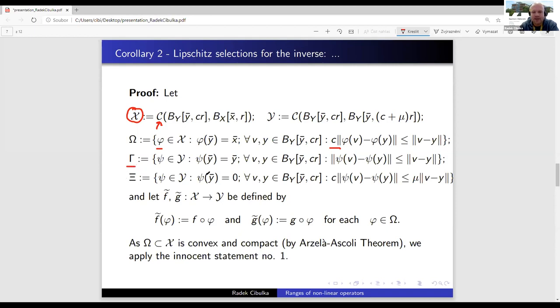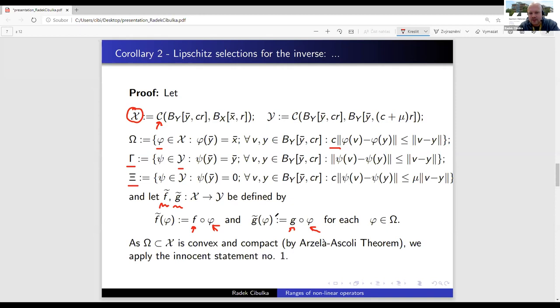My set gamma will be Lipschitz 1 functions, but in y, and the approximation error is connected again with Lipschitz functions with a Lipschitz constant which is chosen in a particular way, so mu over c, and you simply produce new mappings by composition of the original one with my functions from the function space.